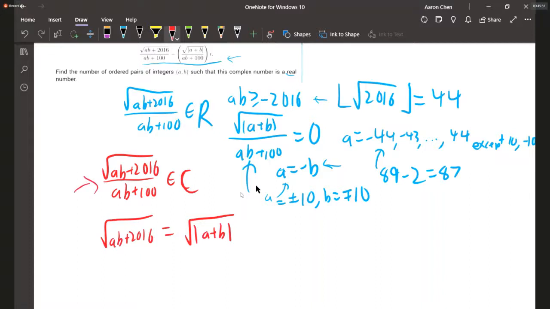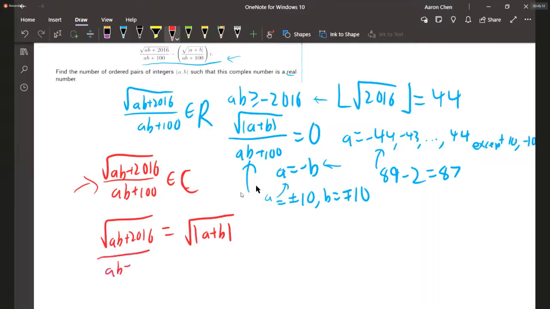This is because you know that this cannot have a real and imaginary part at the same time. Because the thing that you're taking the square root of is always real, so it can either be real or pure imaginary.